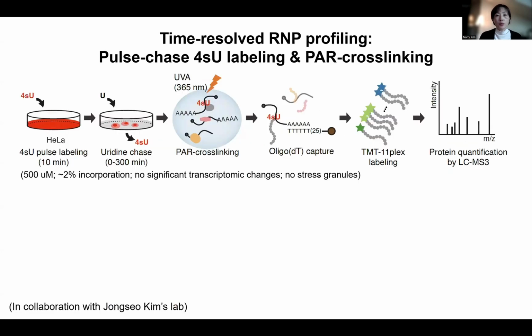So we try to address this problem by setting up time-resolved RNP profiling using pulse-chase 5-iodouridine labeling and UVA cross-linking.